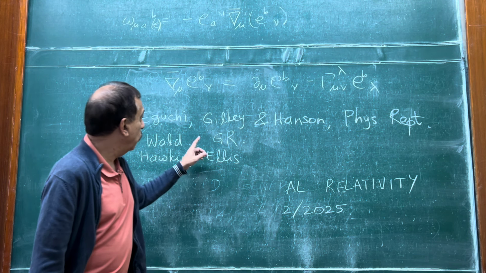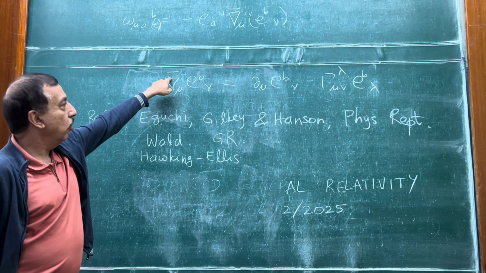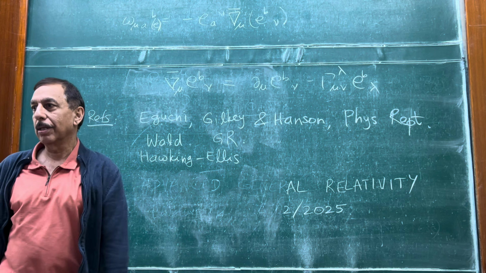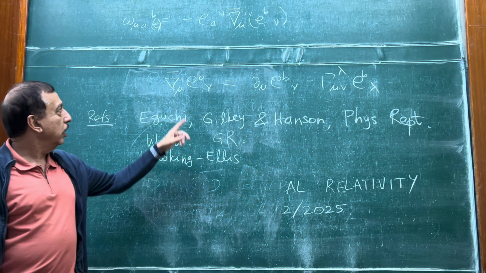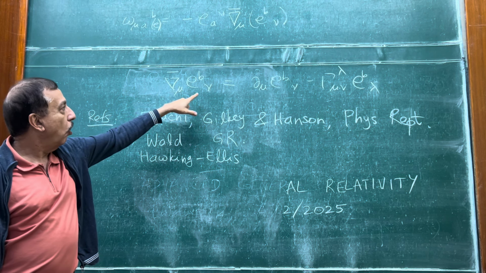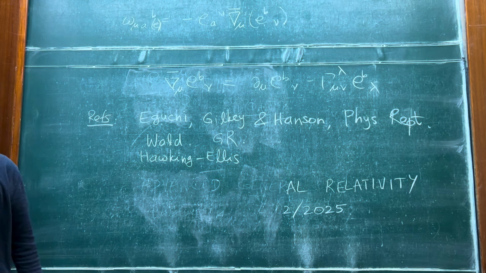Now, a comment about Wald is that for him, the covariant derivative is always this one. He never uses that one. Okay, so there's a notational issue. He won't put a bar, and for him, it always differentiates the space-time indices and never cares about the local-Lorentz indices.